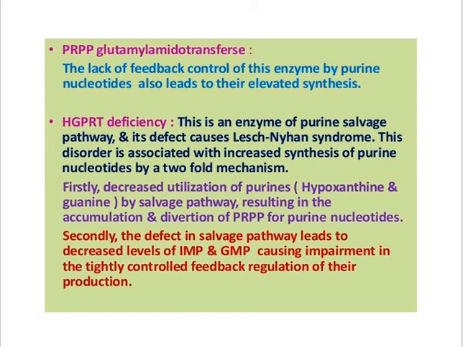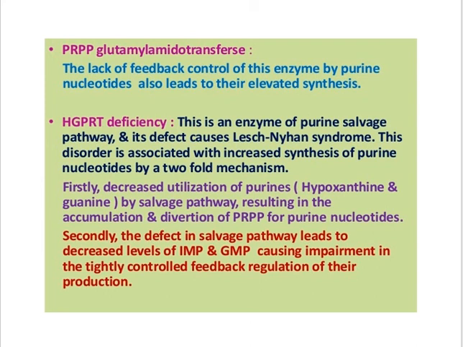The deficiency of HGPRT leads to the accumulation of purine bases, that is, hypoxanthine and guanine. And when there is excessive accumulation of hypoxanthine and guanine, it leads to the excessive breakdown of purine bases, leading to the excessive production of uric acid.